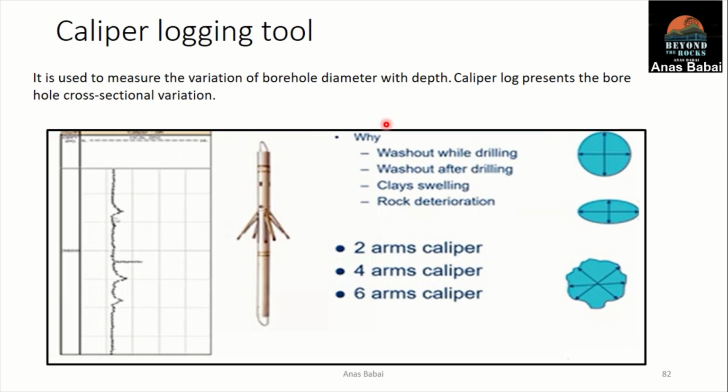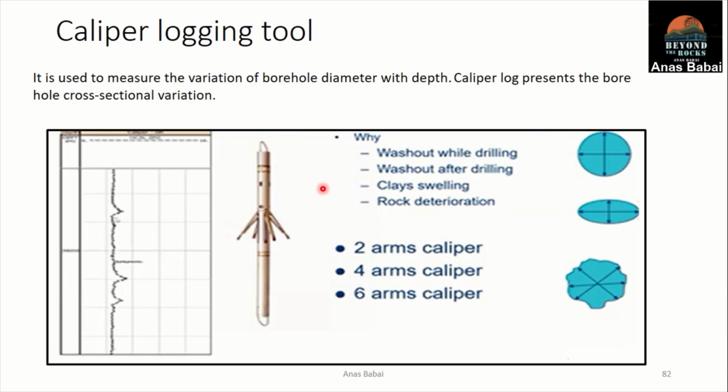So in a basic shape of the caliper log, this is the tool and it has multiple arms, and those arms are fixed to the borehole wall, and they are equipped with springs that make them flexible, so they can open and close and move freely with the changes in the borehole section.